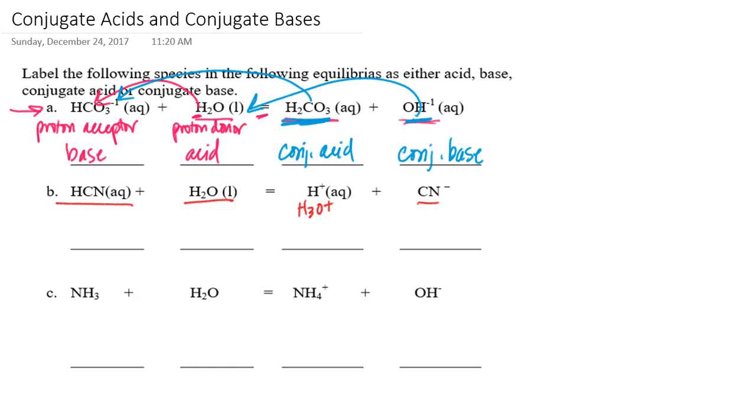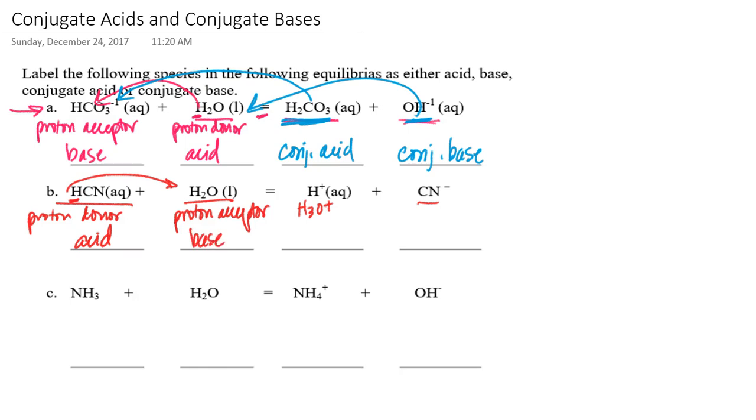And so what's happening here is that a proton from hydrocyanic acid is being donated to water. And so since the hydrocyanic acid is acting as a proton donor, then it is acting as a Bronsted-Lowry acid in this equation. The water is acting as a proton acceptor. So that makes it a Bronsted-Lowry base in this reaction.